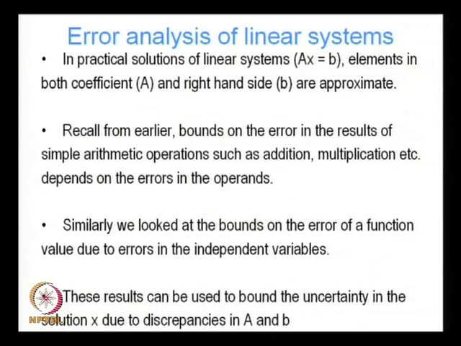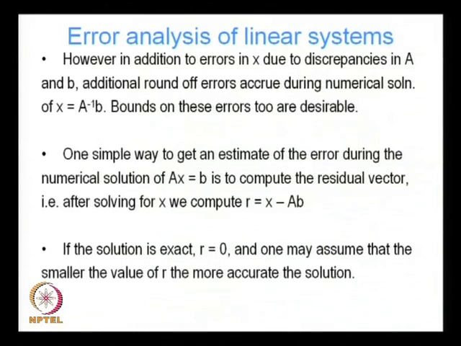Suppose we know the error in A, suppose we know the error in b, we want to find out what will be the maximum possible error in my solution x. In addition to the errors due to discrepancies in A and b, additional round-off errors accrue during numerical solution of x is equal to A inverse b. Bounds on these errors too are desirable.